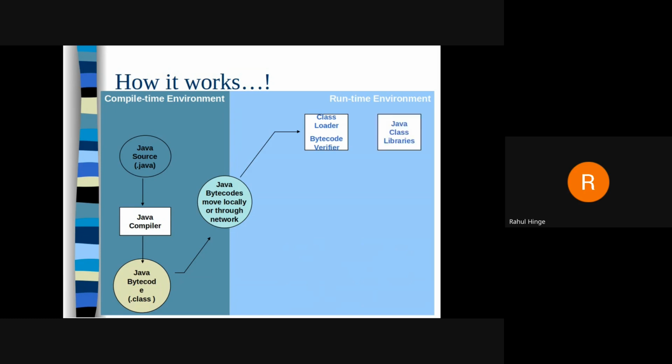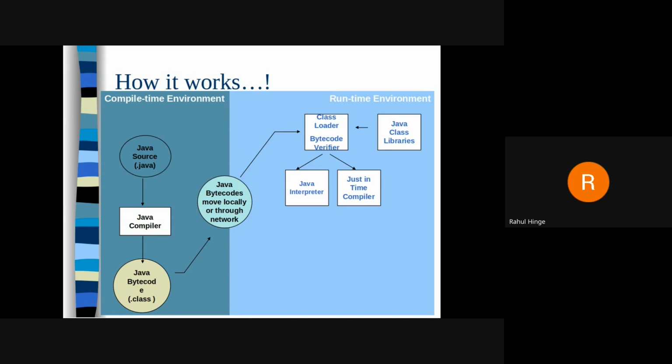Okay, so this is your runtime environment. Class loader verifies the bytecode normally. Then it requires some supporting libraries from Java class libraries. Then we have the Java interpreter and just-in-time compiler. The Java interpreter normally reads line by line, and the just-in-time compiler handles anything repetitive.